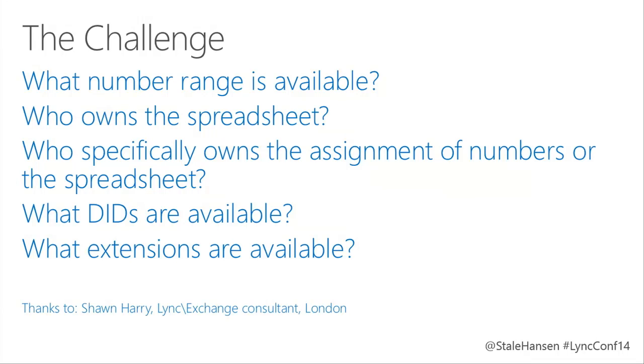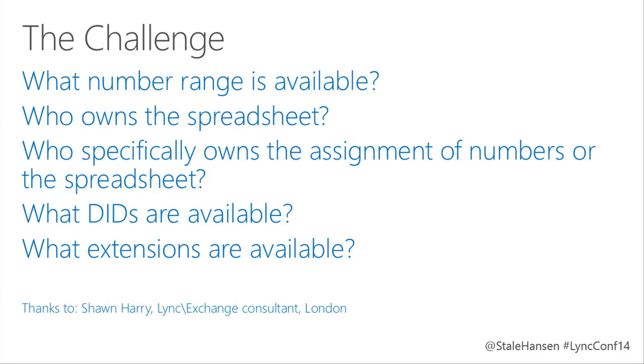And using Excel spreadsheets, this could be a quite time-consuming administration effort to both maintain and assign numbers as well, because it's probably not something you do every day, and when it's done, you need to ask the correct questions as well.